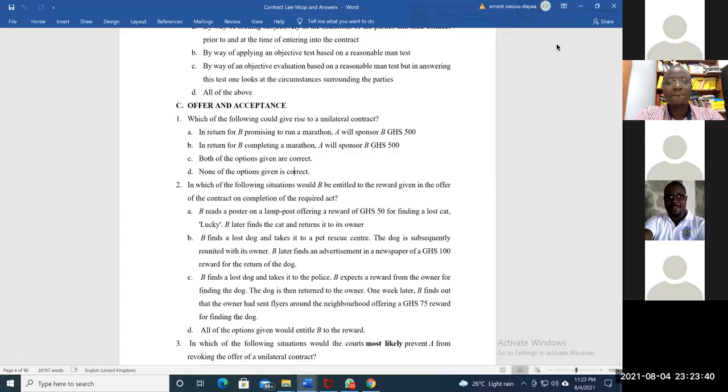Sir, my dispute with us selecting D as the answer is that when you look at B, it says in return for B completing a marathon, A will sponsor 500 cedis. My understanding is A has made a unilateral contract, in the sense that he has made an offer to somebody, the first in time to perform, and that if the person completes a marathon, he will sponsor him 500 cedis.